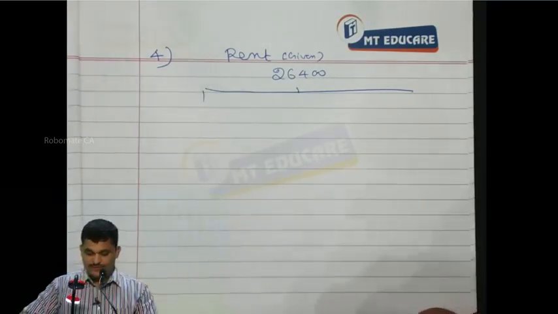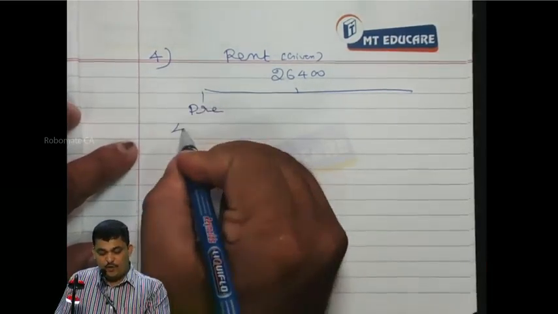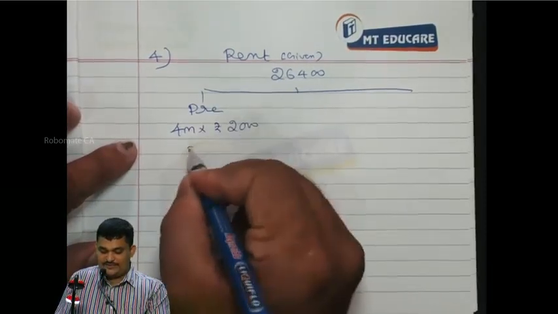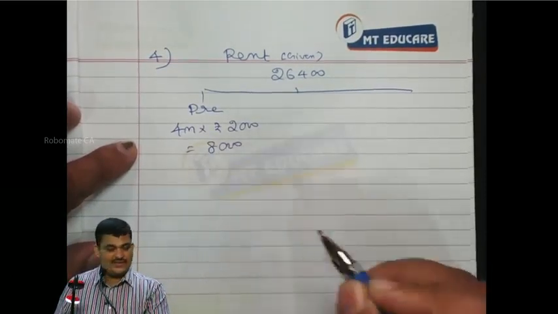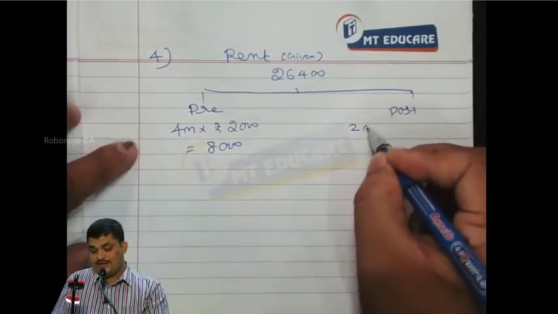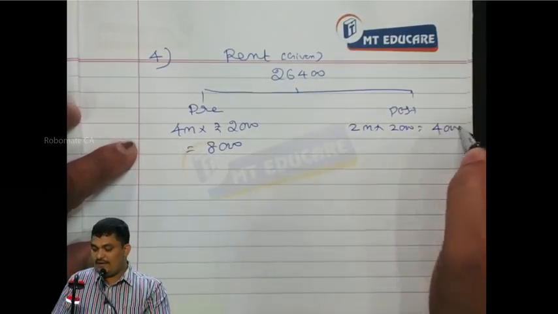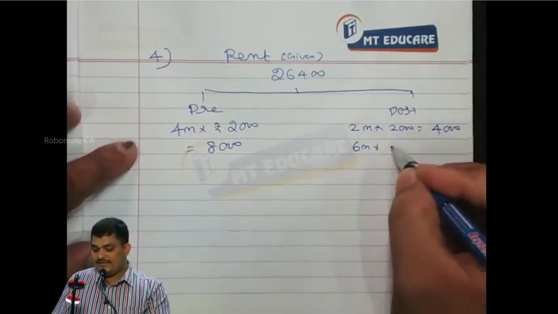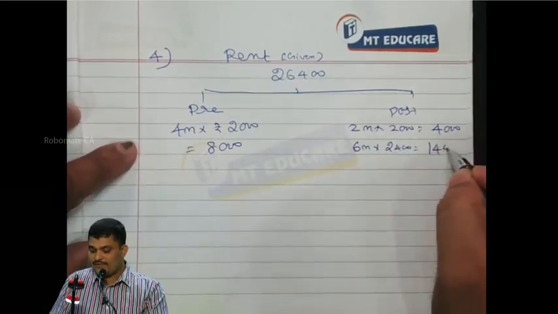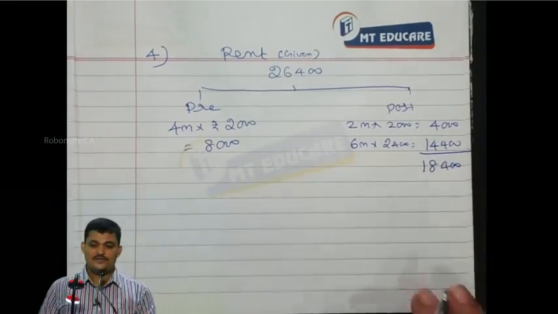In the pre-incorporation period, we had 4 months where we paid 2,000 rupees, so 8,000. Clear? In the post-incorporation period, for another 2 months it was still 2,000 only, so 4,000. For 6 months, it is 2,400, so 14,400, which is 18,400. Understood?